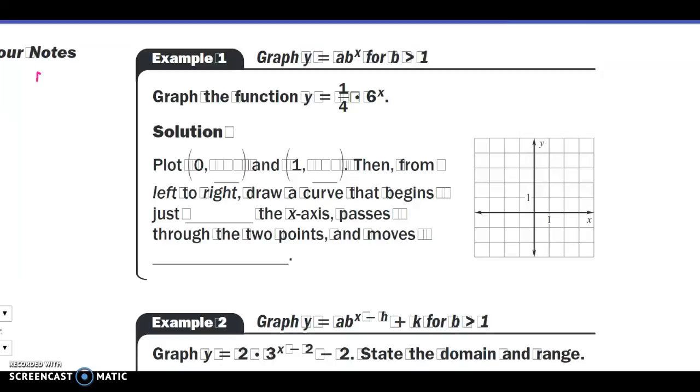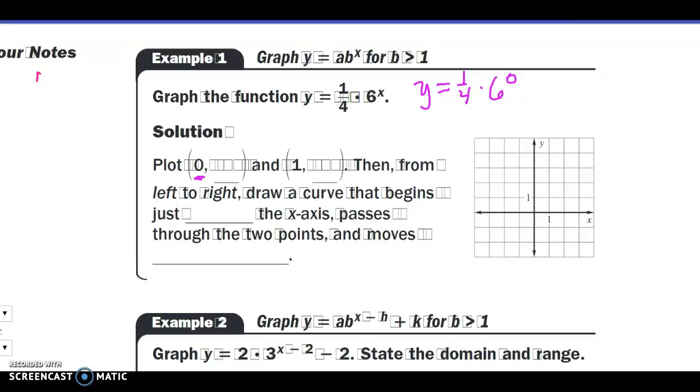Okay, so the note-taking guide here suggests that the easiest way to graph this, and I'm going to agree with it, is to begin by putting in 0 for x. So I go to my equation, and where the x appears, which is of course in that exponent, I'm going to put a 0 for x. Our a value for this function is 1/4.